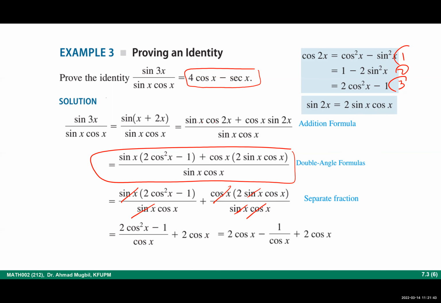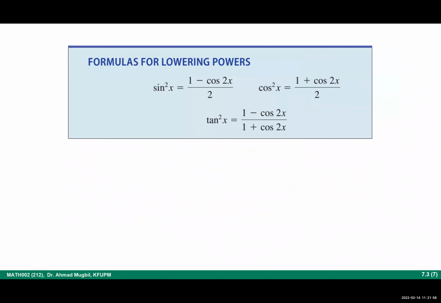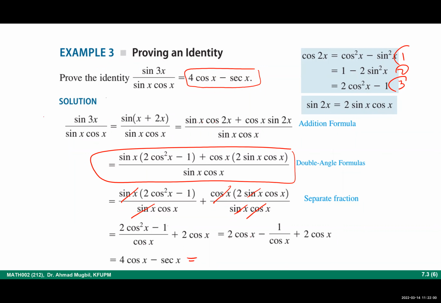It will be 2 cosine squared over cosine, which is 2 cosine, minus 1 over cosine plus 2. What is the 1 over cosine? Secant, negative secant. And 2 plus 2, it is 4 cosine x minus secant x, which is the right hand side. Now we started with the left hand side, we have at the end the right hand side. Okay.